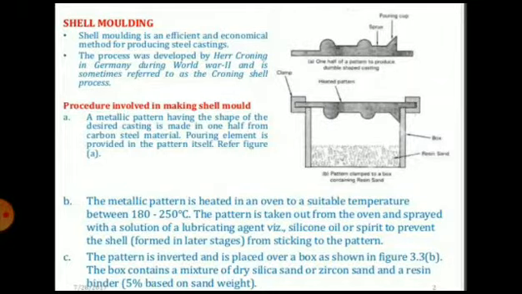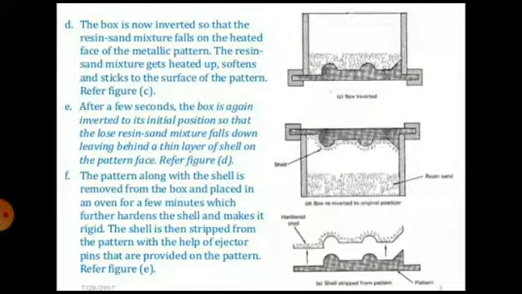Now step number 2. In step number 2, the mixture is dumped over a heated pattern. You can see in the diagram, there is a dump box. That dump box is quickly inverted. It is reversed.